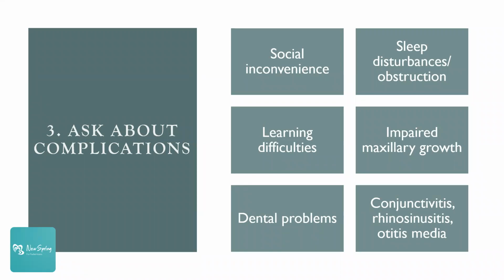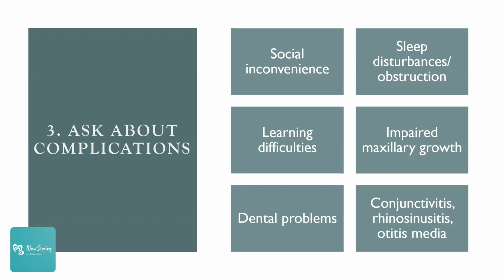When you ask about complications, we're talking about the impact of allergic rhinitis on social life and sleep pattern, and whether it really causes sleep disturbances and obstruction, if the child can't breathe properly through their nose.